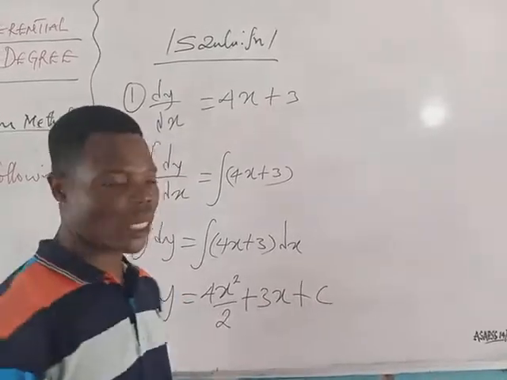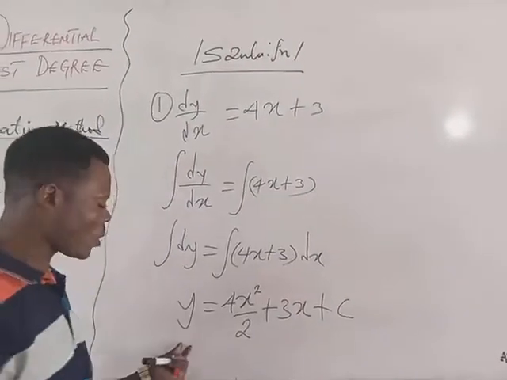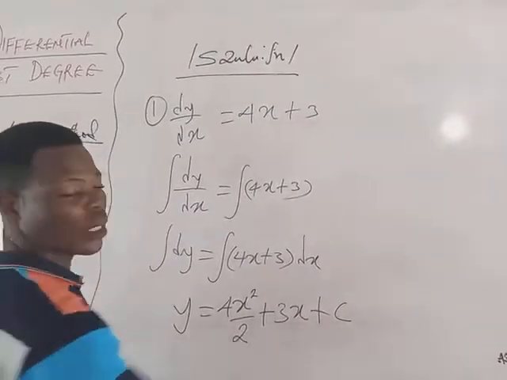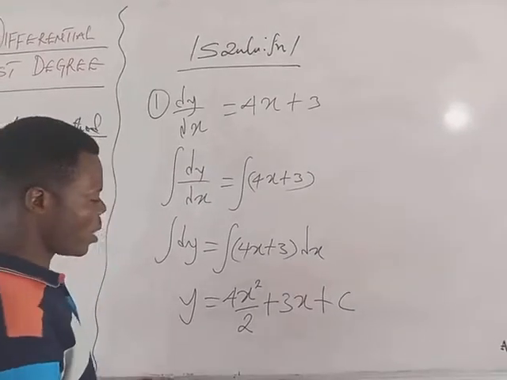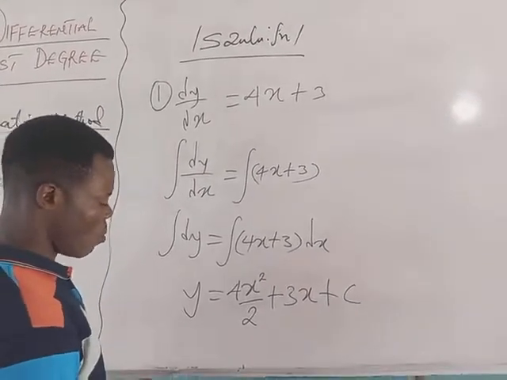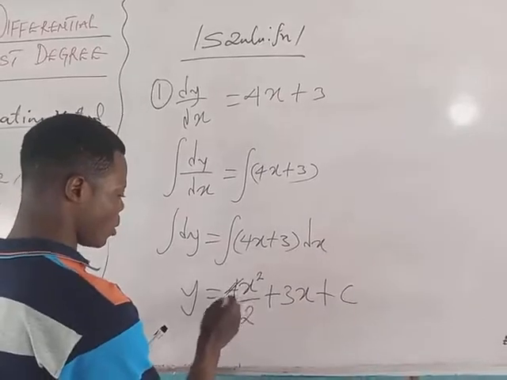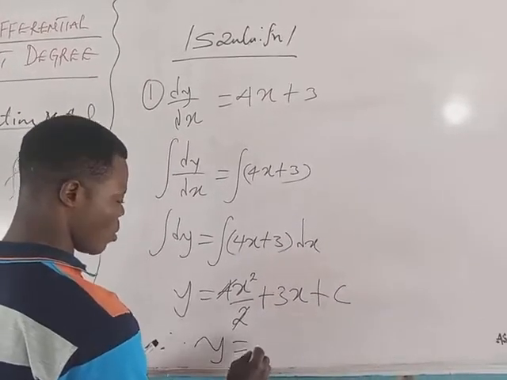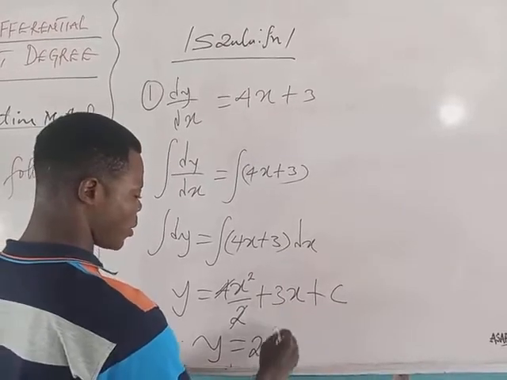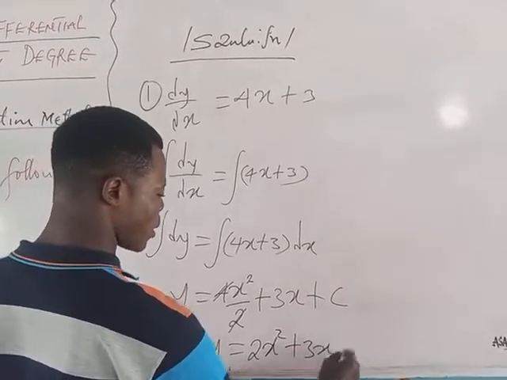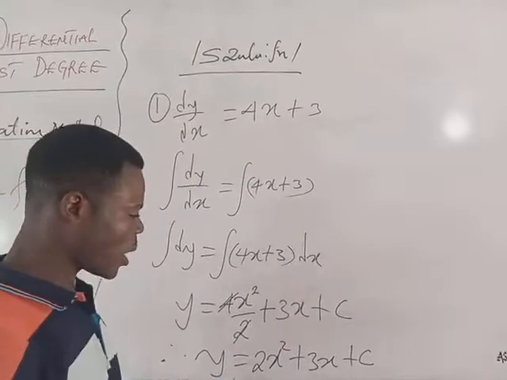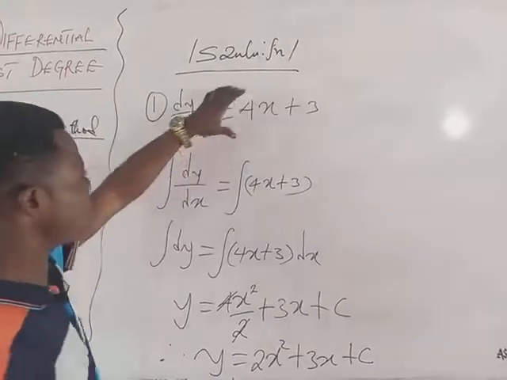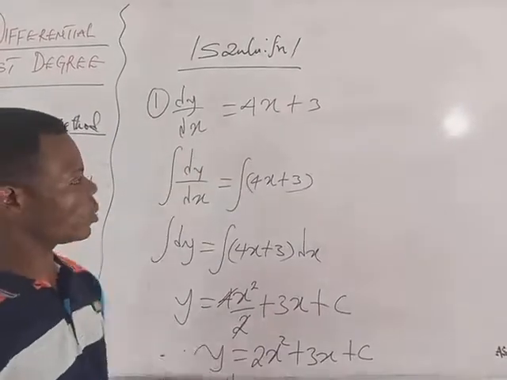This plus c here is the integration constant, which you must apply to any differential equation. So we can cancel this and this. We can now have our value to be 2x squared plus 3x plus c. This is the general solution of this differential equation.